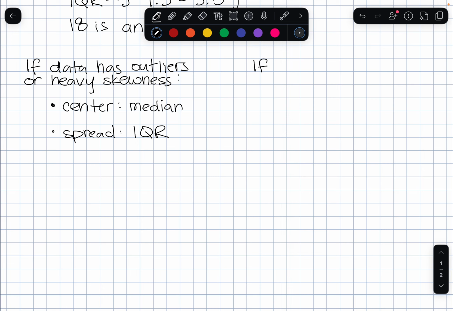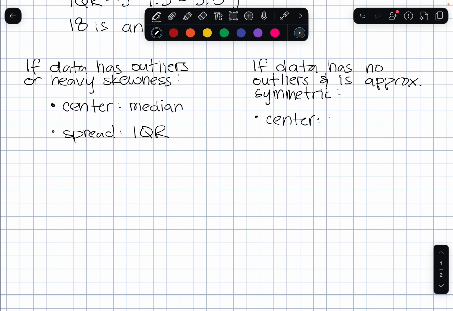If my data has no outliers, and is approximately symmetric, doesn't have to be perfect, but there's no strong skew. Ooh, sorry, my Apple Pen's being a little weird right now. In this case, we use the gold standard, which is our measure of center is going to be the mean, and our measure of spread is going to be the standard deviation.